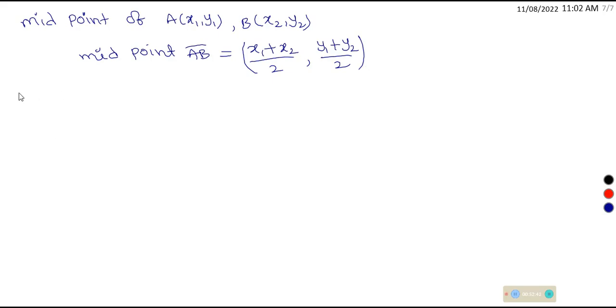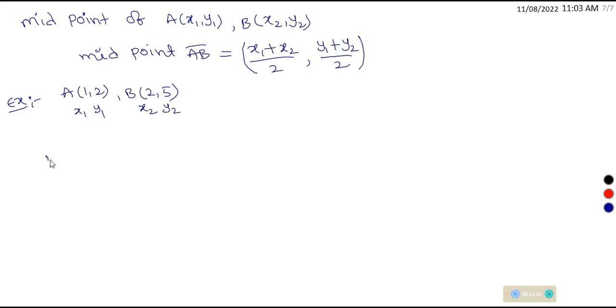Let us see one example problem. A is (1, 2) and B is (2, 5). So this is x1, y1, x2, y2.